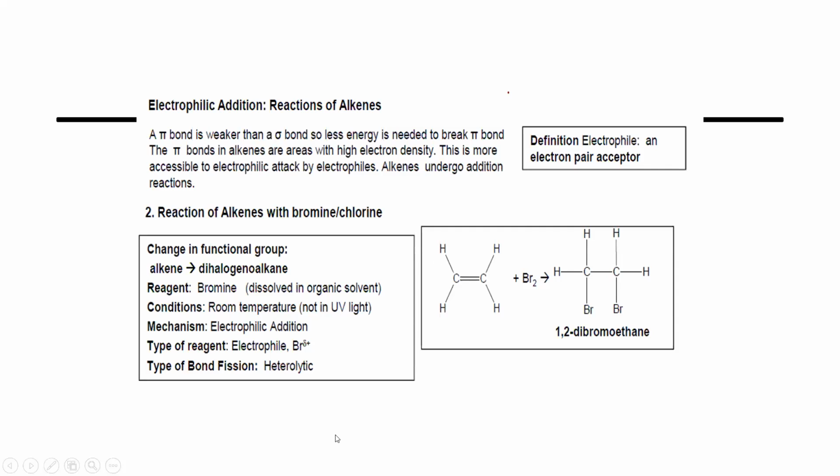Why do we call that electrophilic addition reaction? How the reaction proceeds, drawing the arrows is important. For the alkanes, you have to learn the free radical substitution, whereas for alkenes, you have to learn the mechanism of electrophilic addition reaction. What is the meaning of electrophile?